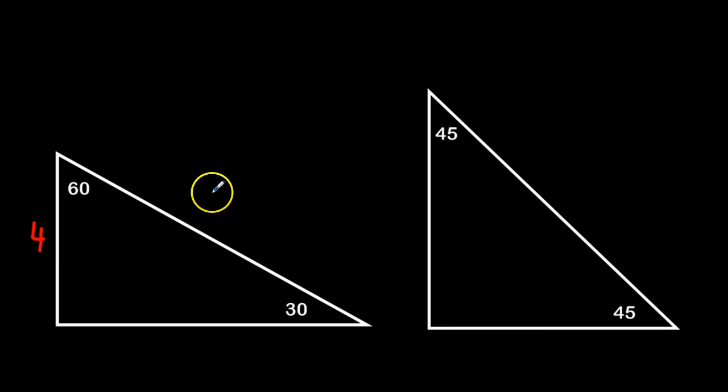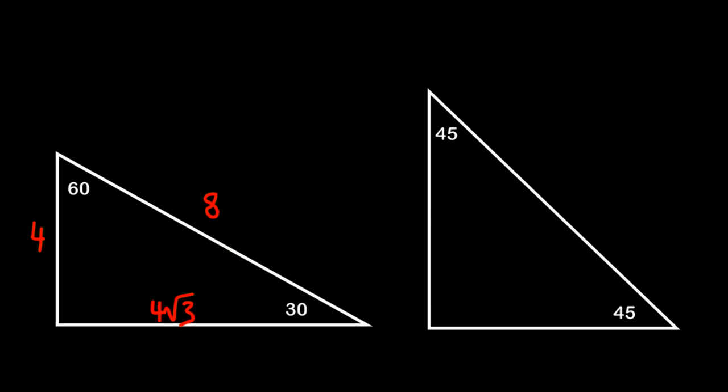Remember the relationship was double, so the hypotenuse is going to be 8. And what is the longer leg going to be? 4 root 3. You'll just become familiar with those values and those relationships.